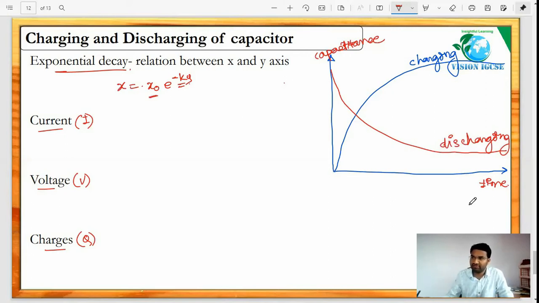Generally, if you have the x-axis value, you can find out the y-axis easily. So these are the exponential graphs of charging and discharging.